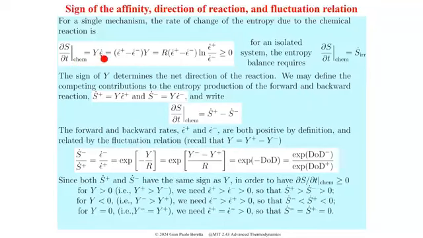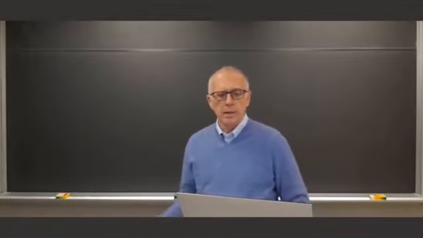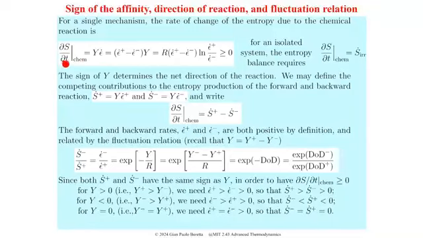If the epsilons are the only things that change with time, because the energy, the volume, and everything else is fixed, then the rate of change of the entropy is the partial of S with respect to epsilon times epsilon dot. But the partial of S with respect to epsilon is the affinity. So we have this expression here. And since the system is isolated, that also represents the entropy produced by irreversibility. And it had better be non-negative.